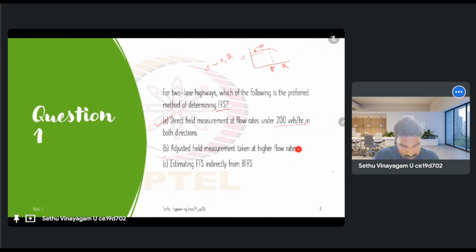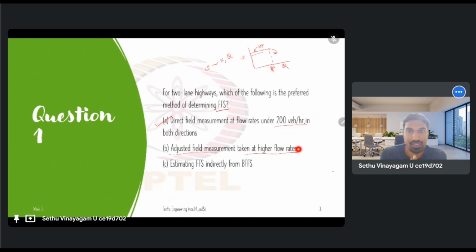Next is adjusted field measurement taken at a higher flow rate. Obviously a higher flow rate is going to give you a speed that is lower than the free flow speed. The speed that you will see when the flow is high is not the free flow speed, so you have to make some adjustments. We have some empirical formulas that give you the free flow speed if you take the measurement at some higher flow rate.